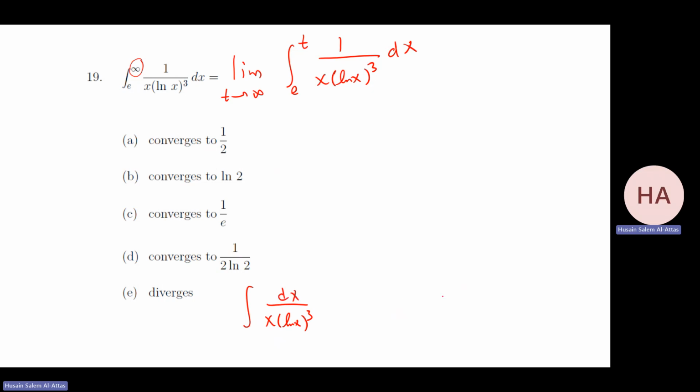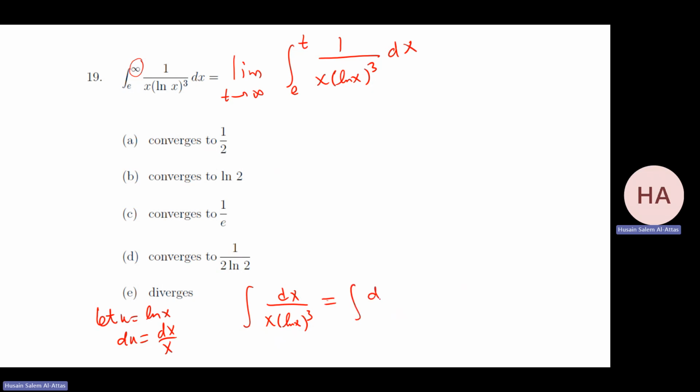1 over x (ln x) all cubed. Yeah, very clear. Where is the problem? The problem is just with the infinity. Okay, so I need the limit as t goes to infinity, from e to t, of 1 over x (ln x) cubed dx. So I need to deal with this integral, 1 over x (ln x) cubed dx. So I let u equal ln x, du will be dx over x.